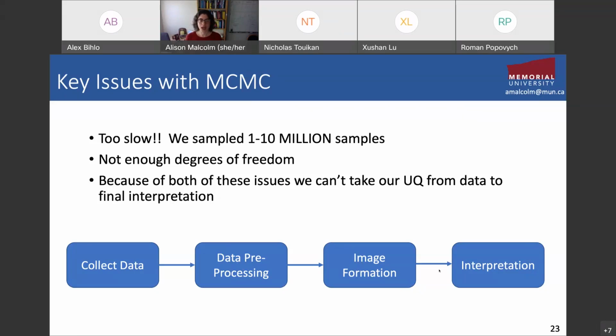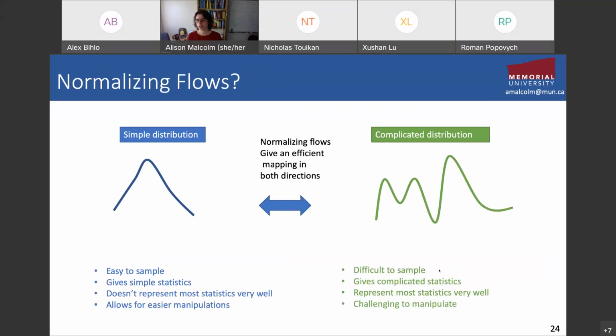So this is how we come to the idea of normalizing flows. What a normalizing flow does is it allows you to map a simple distribution, like a Gaussian, to a more complicated distribution, like the squiggle that I drew there. And it gives you an efficient mapping both ways.